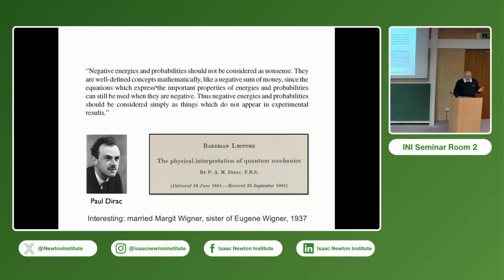They are well-defined concepts mathematically, like a negative sum of money. They should be considered simply as things which do not appear in experimental results, but we can use them in auxiliary computations, as Wigner said.